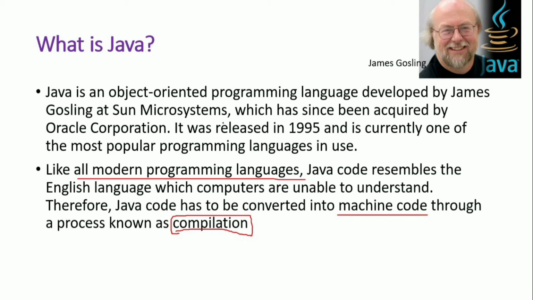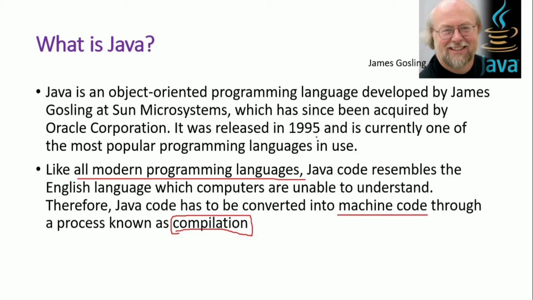Like all modern programming languages, the code in Java resembles the English language because we use English letters to write our program. We can understand it, we can read it.